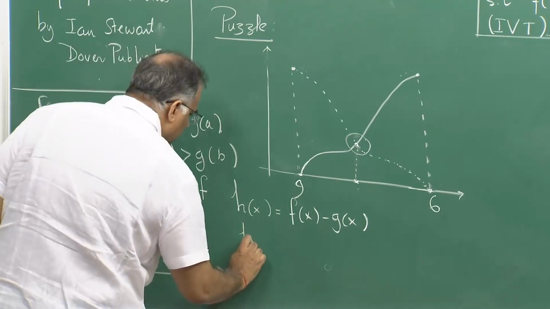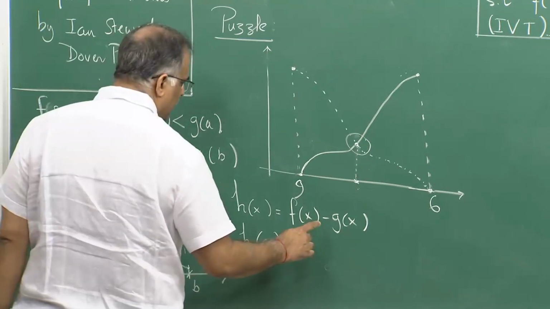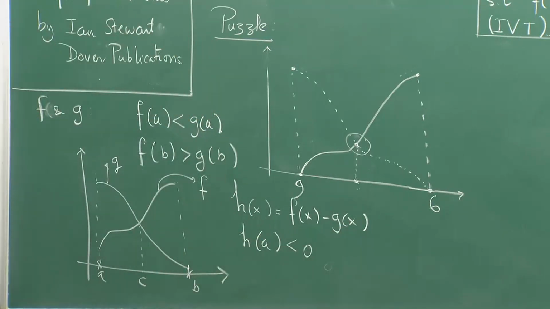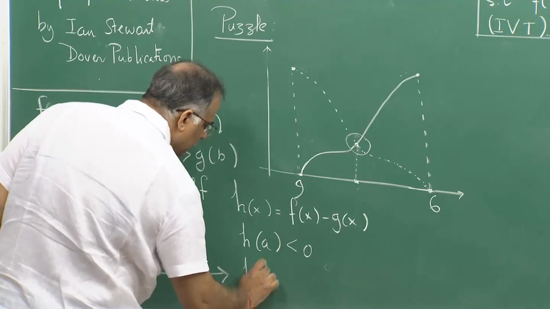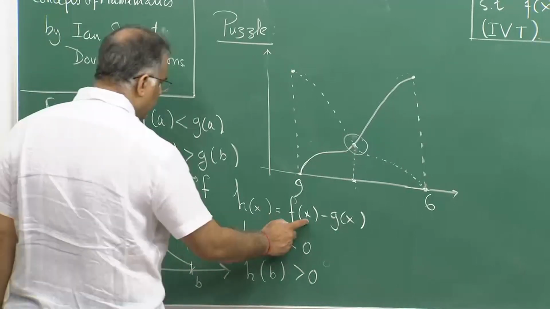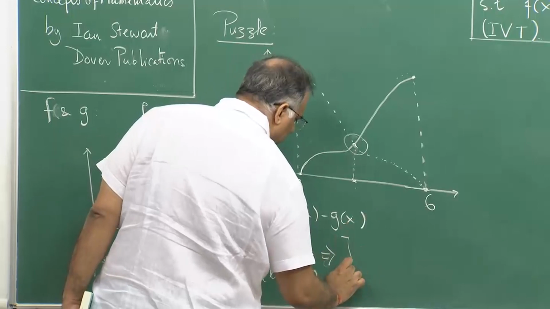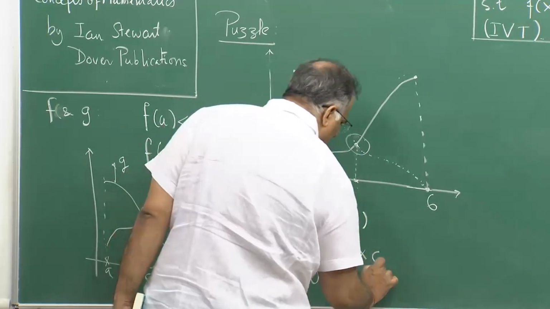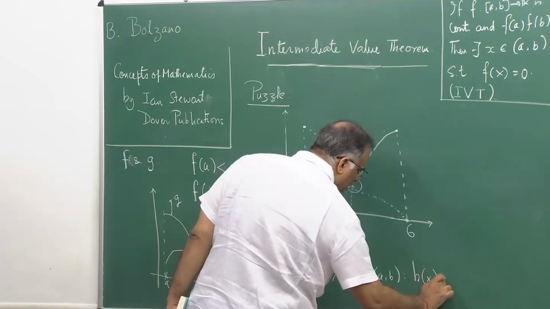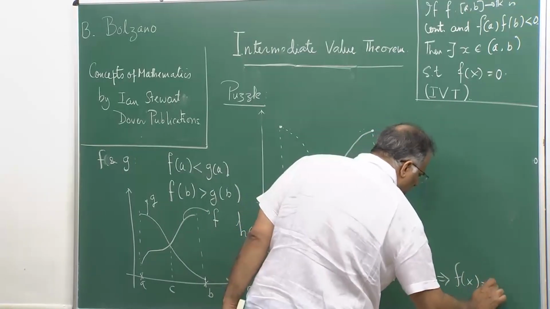Now, what is h of a here? h of a here is strictly less than 0, because f of a is strictly less than g of a, but h of b is strictly bigger than 0, because f of b is strictly greater than g of b, which would imply again by using IVT that there would exist an x in (a, b) such that h of x is equal to 0, which implies f x is equal to g x at that point.